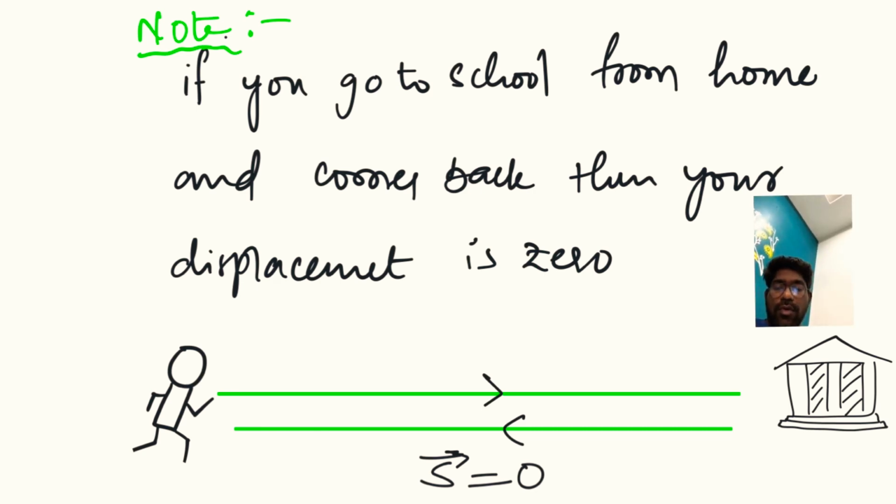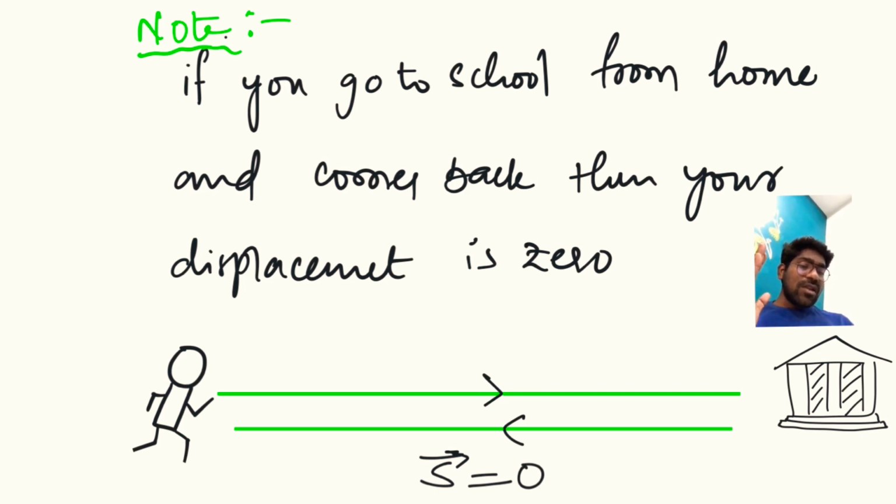You know, you're going to the school, right? From your home to the school, and then coming back. You can see you are covering some displacement here as well as distance. But what is the displacement? You know, it's an interesting point. The displacement comes to be zero here. Why? Because you are moving to a place, let's say from home to the school, so join it by a straight line.